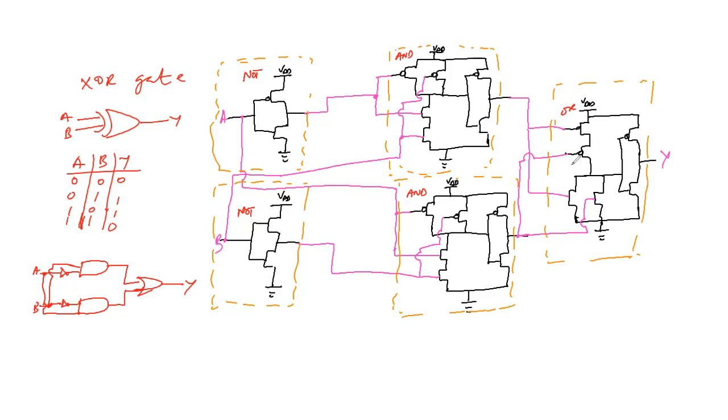So for the exclusive NOR gate, we have this with an inverter connected, A, B, and Y, 0, 0, 1, 1, 0, 1, 0, 1, 0, 0, 1, right?